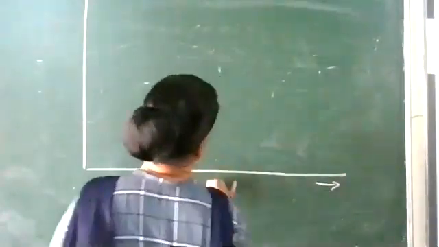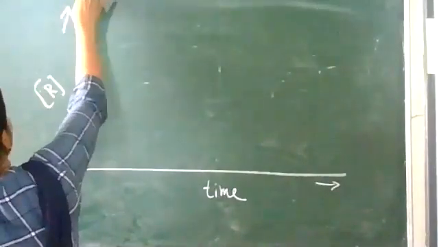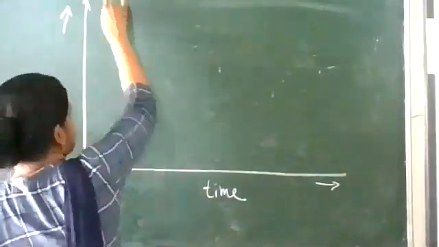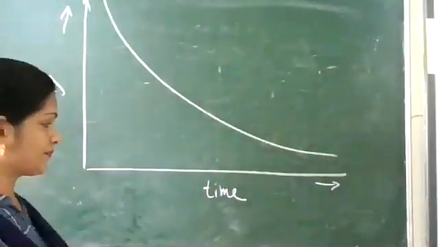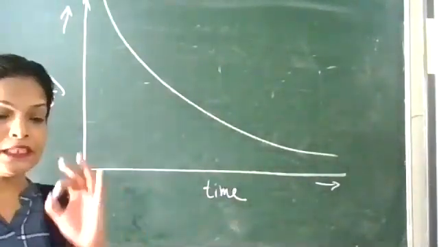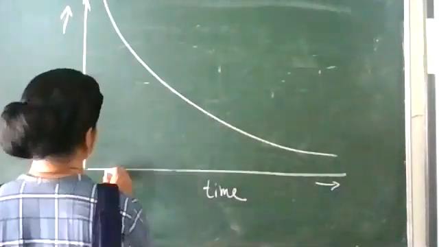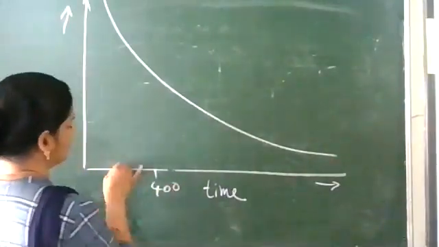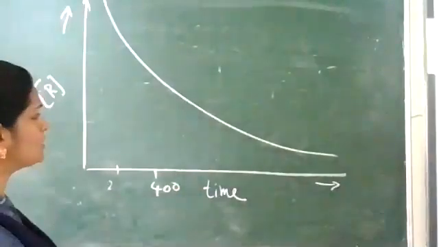For that, you mark the concentration of the reactants on the y-axis and time on the x-axis. As time passes, the concentration of the reactant is decreasing. At a particular moment, for example at 400 seconds, what is the rate?